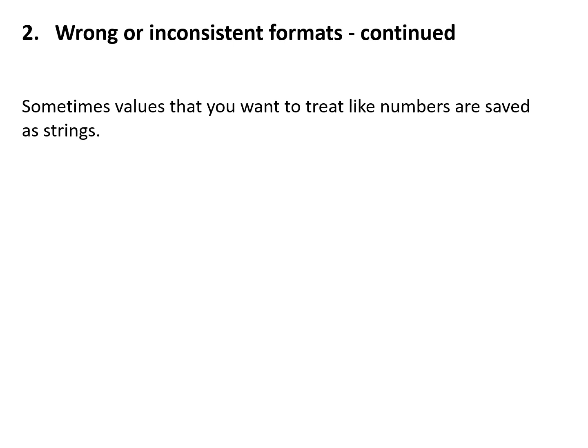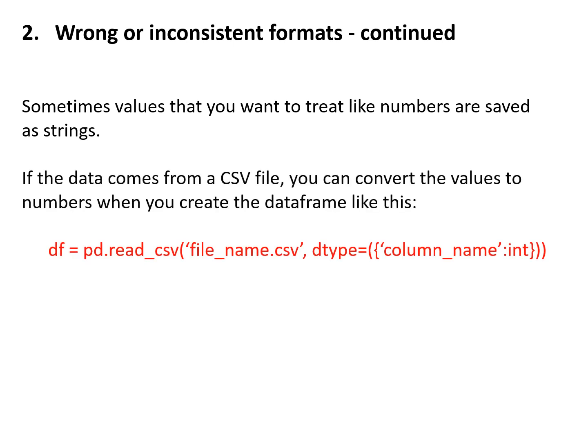Another problem that we can have is that sometimes when we pull data in from a CSV file, we want to look at the values in a certain column as numbers, but depending on how they got saved in the CSV file, they might pull in as strings. So for instance, you might have the age come in, and instead of 1, 2, 3, those numbers, it would be in quotes. That means it would be looked upon as not a number but a string.